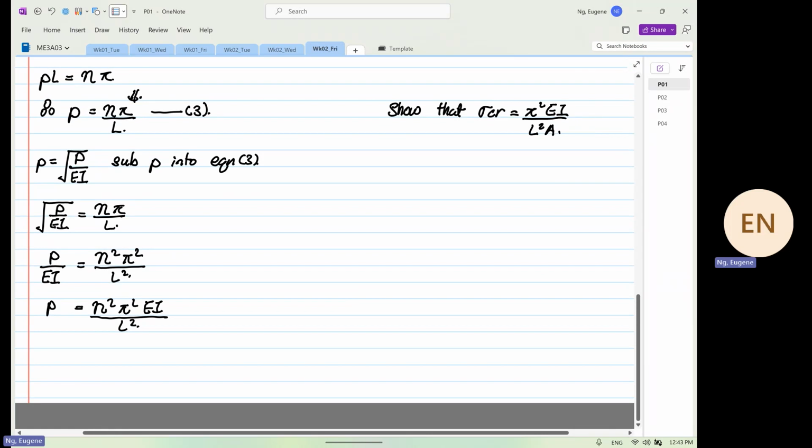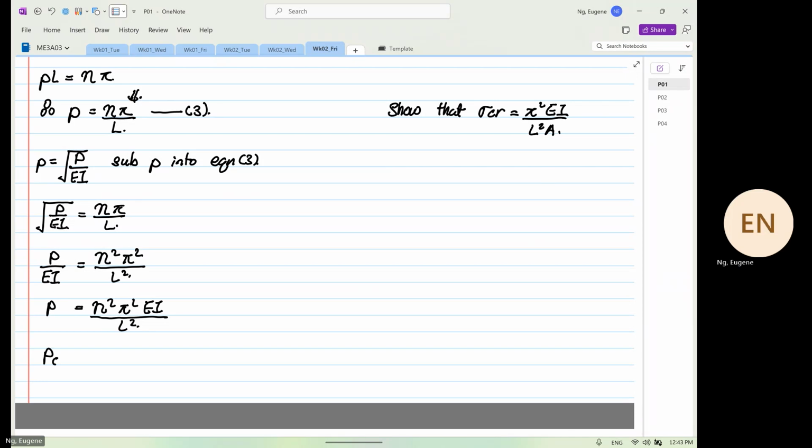So I'm going to write a term down where PCR will be equal to N squared pi squared over L squared, and then we multiply by EI.